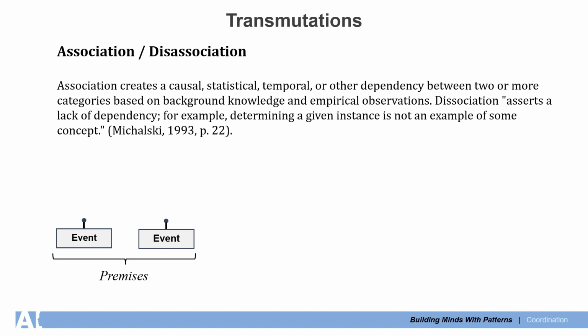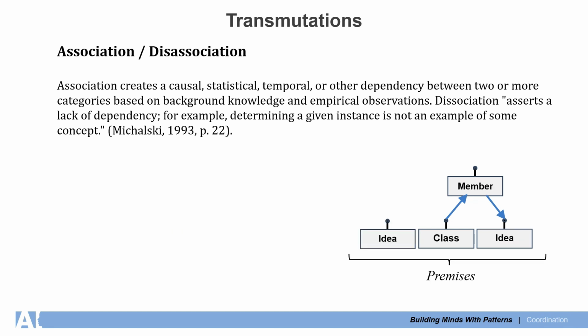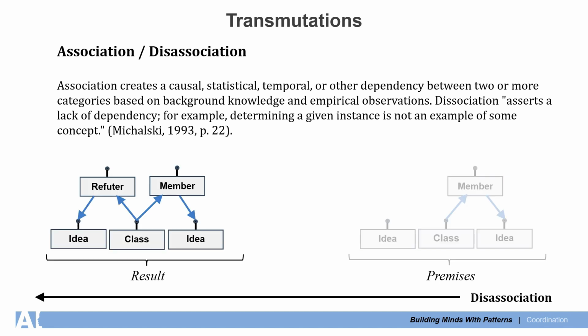We have premises, two events. We can say one event causes the other. This is association. If we have an idea and a class, and the idea is an instance of the class, by dissociation, we can say that the idea is refuted or is a counterexample of the class.